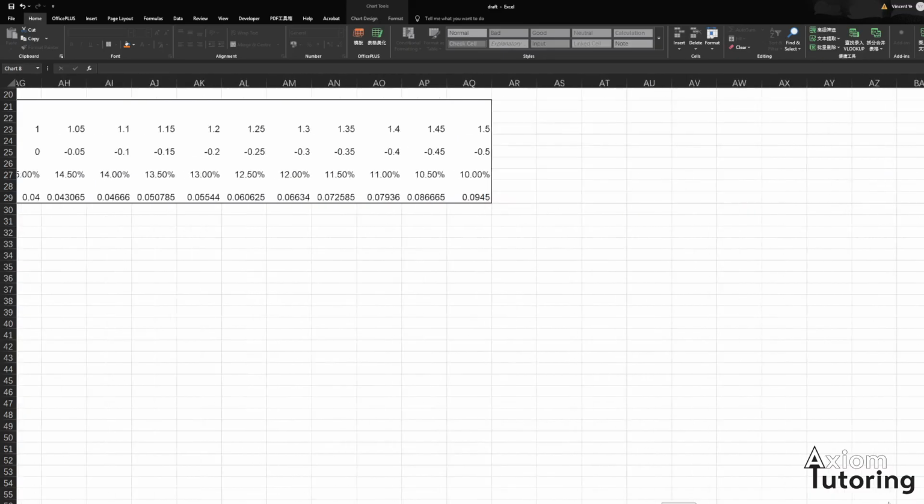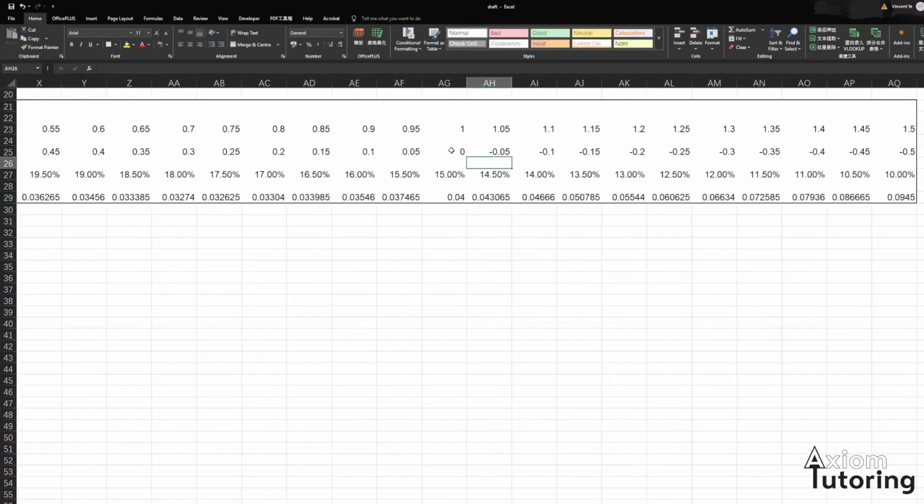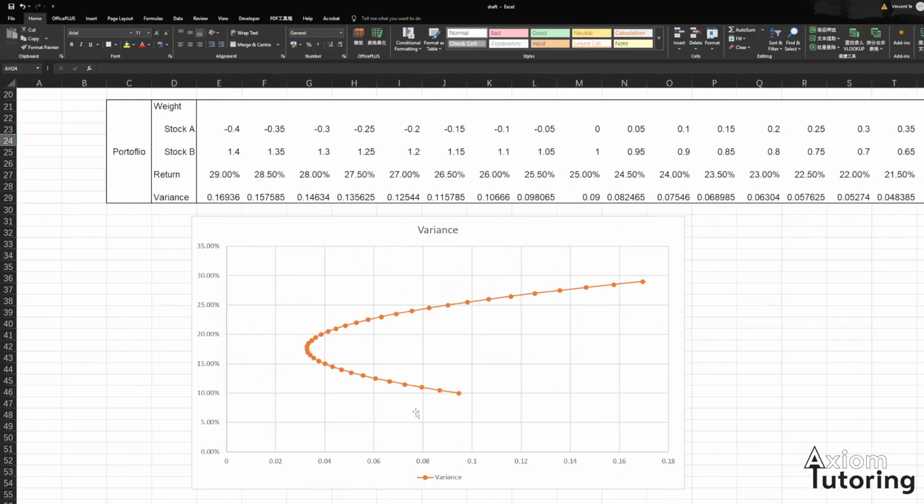These correspond to short selling stock B and buying more of stock A. There is no reason to increase your risk and get less return, because stock A gives you less return, and short selling gives you higher risk. So they will be strictly dominated. And for this part, you can further extend for higher return, but for a lot higher risk.